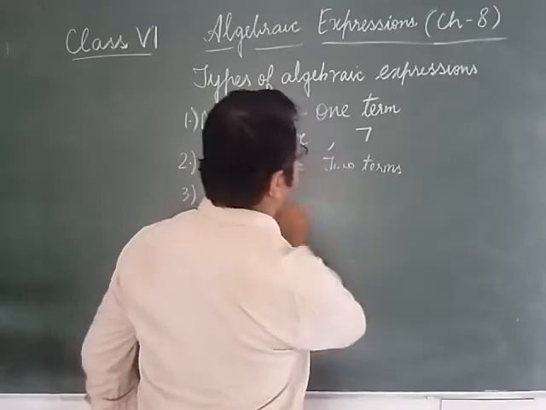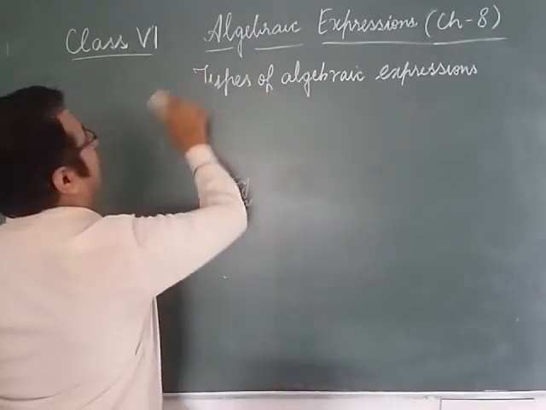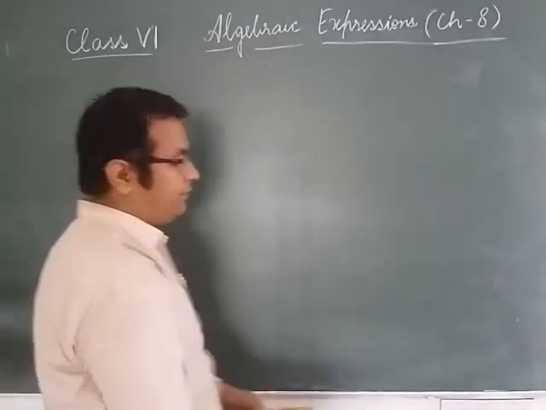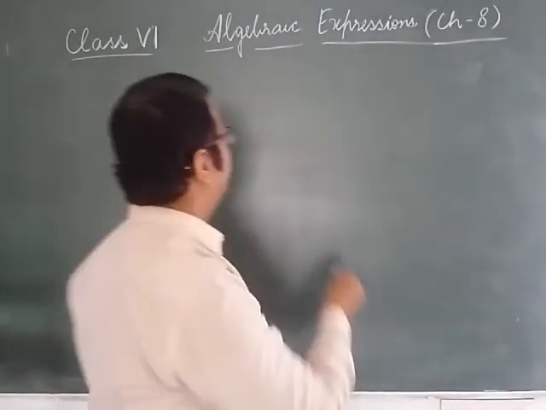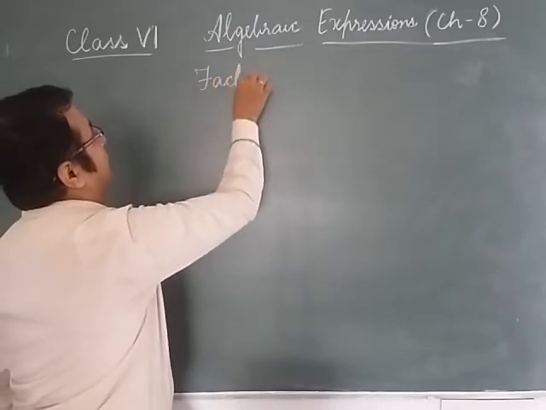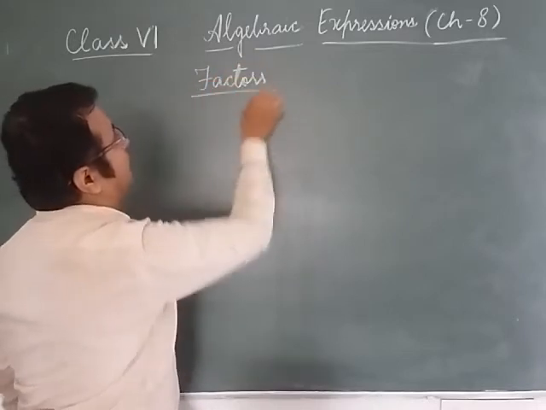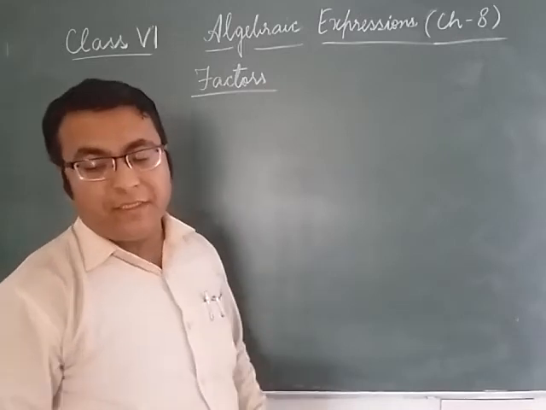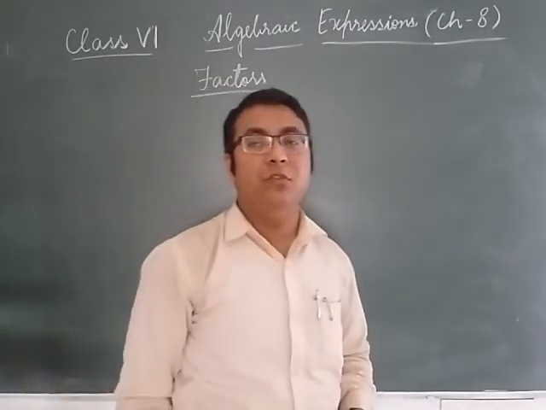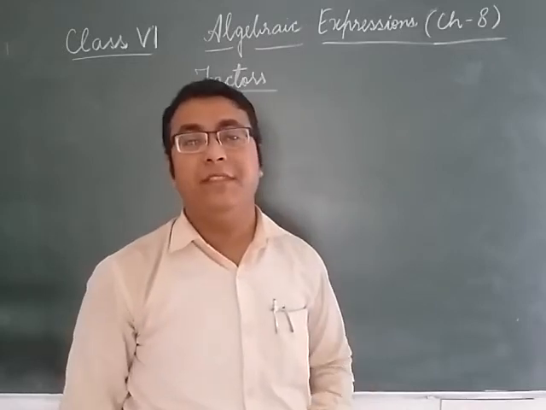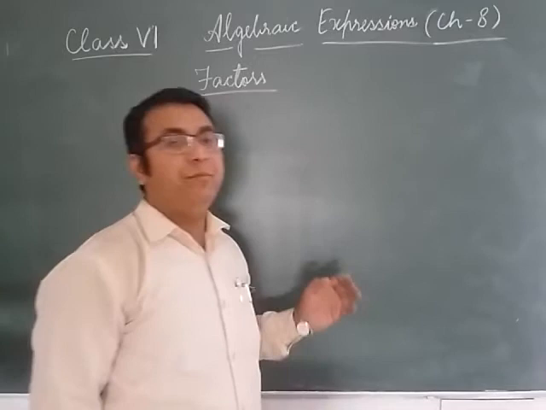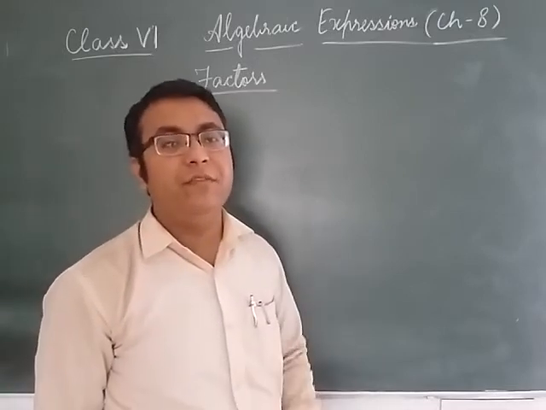Now our next topic is factors of an expression. So children, for factors of a polynomial, you can say when 2 or more than 2 variables and constants are multiplied together, and then when we write them in product form, we get the factors.